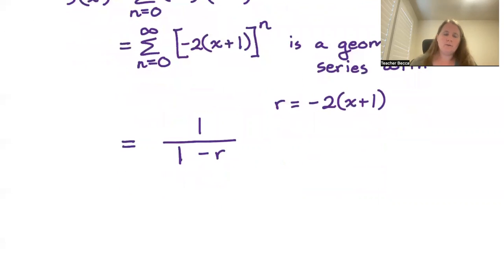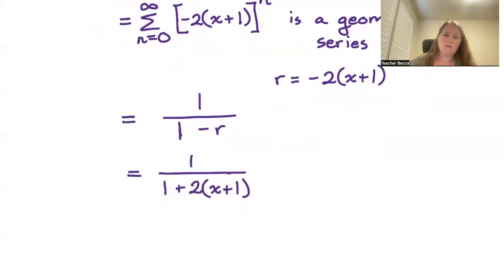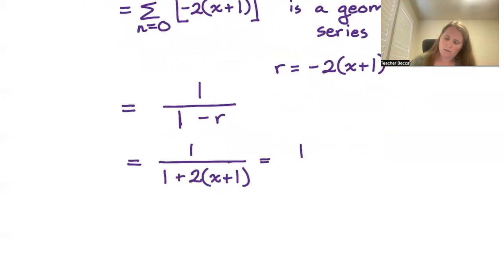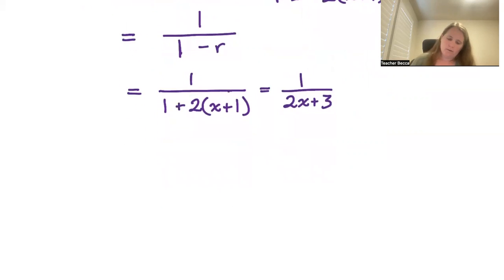So we have our 1 over 1 minus r, and that is therefore 1 over 1 plus 2 times (x plus 1), or in other words, 1 over 2x plus 3. So what we have then is that our f of x is just 1 over 2x plus 3.